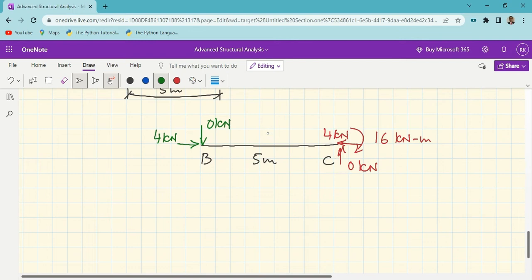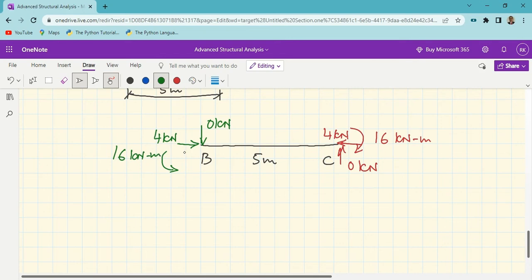This 0 kilonewton into 5, force into perpendicular distance, is 0. This 16 clockwise is the only moment. Since this is a moment, we need not multiply with distance, and we should directly take it as 16. So this 16 kilonewton meter is the only moment acting at B. It is clockwise. To balance it, there must be 16 kilonewton meter anti-clockwise moment acting at B. I hope you got it.